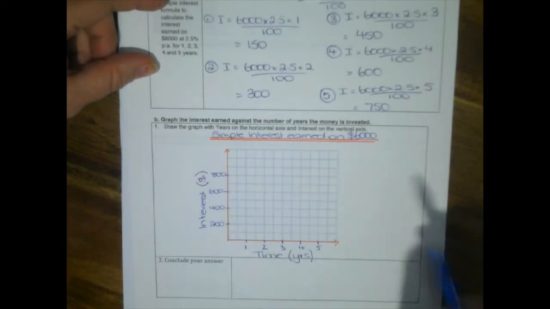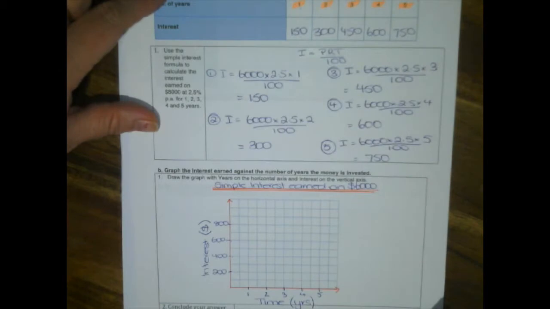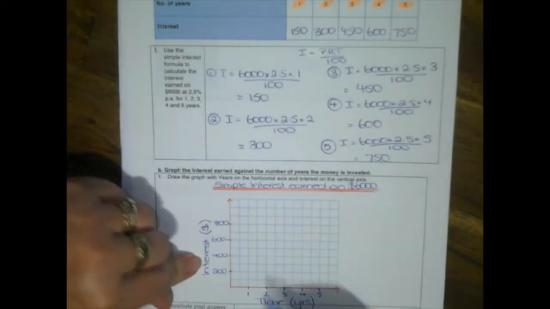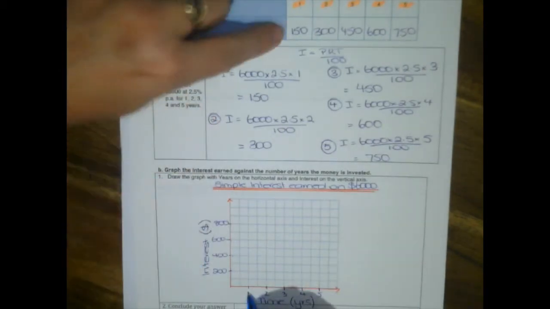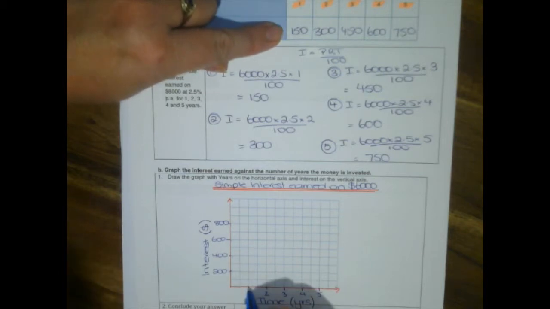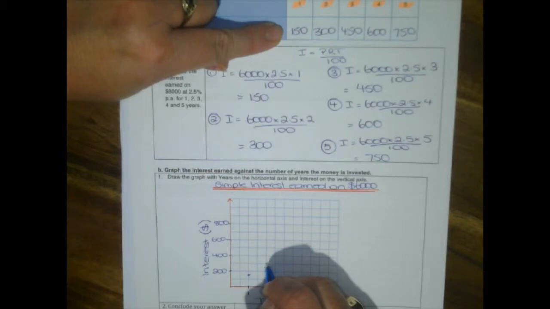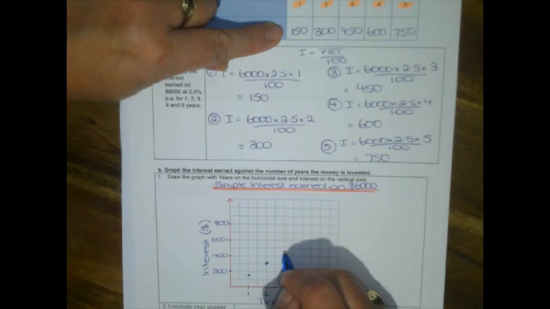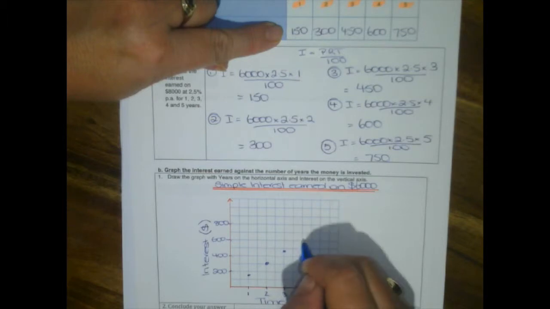Now it's time to start plotting my points. So for 1 year, it was $150. Remember, this would be about 100, so let's go halfway through. 2 years, was it 300? 3 years, we're looking at $450. 4 years was 600.